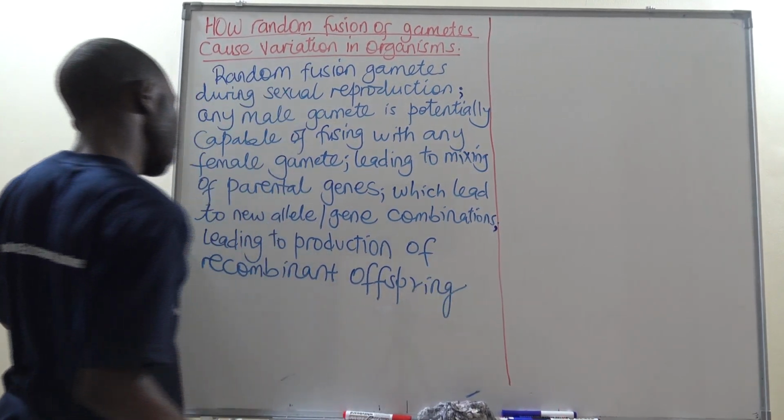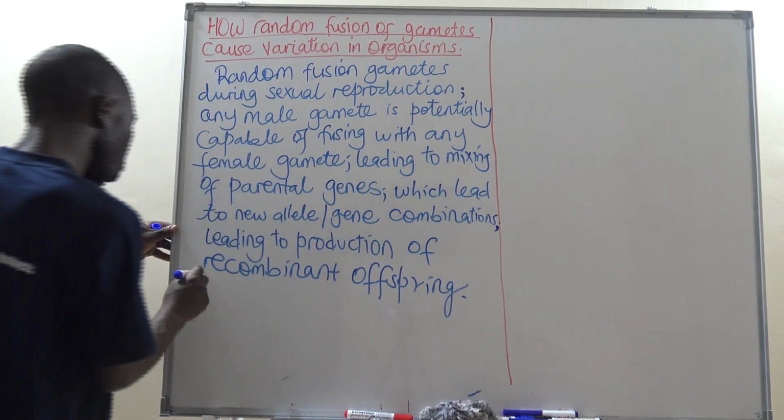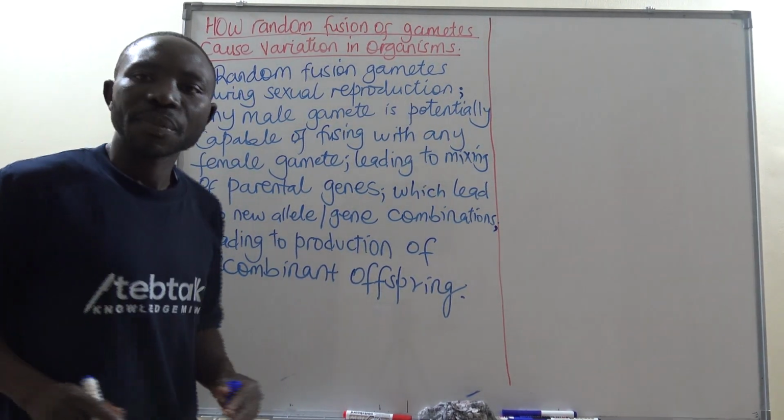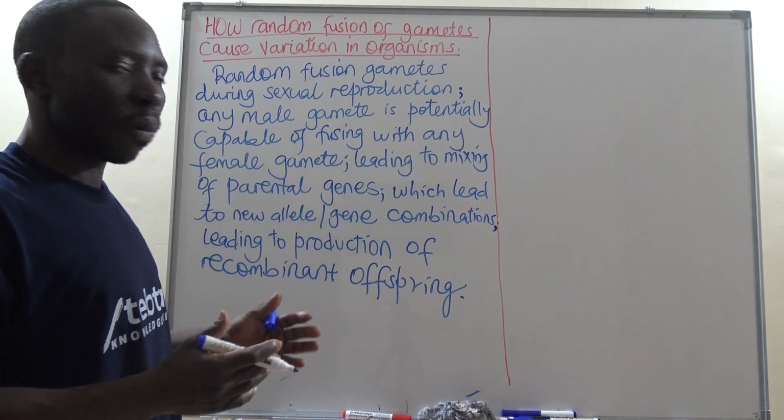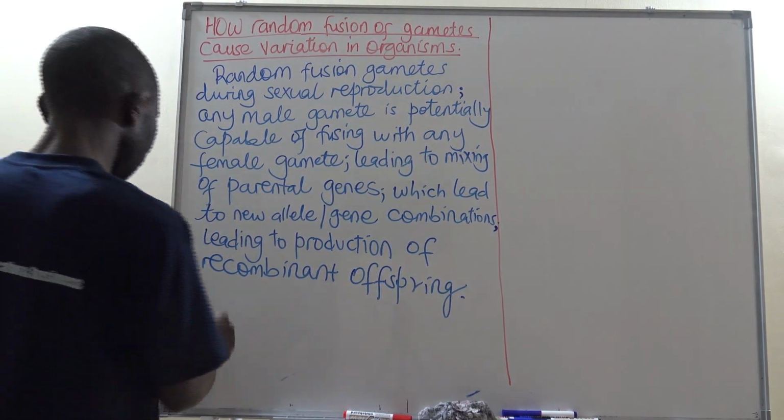Recombinant offspring. Those are offspring which have characteristics different from those of the parents.